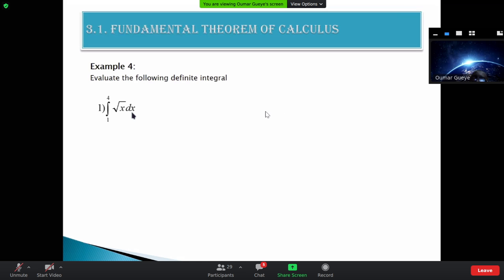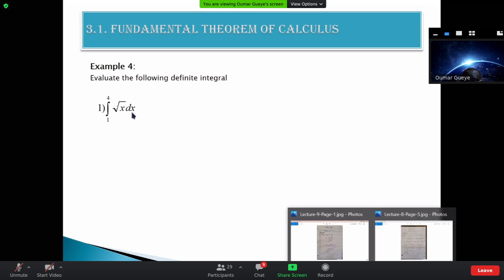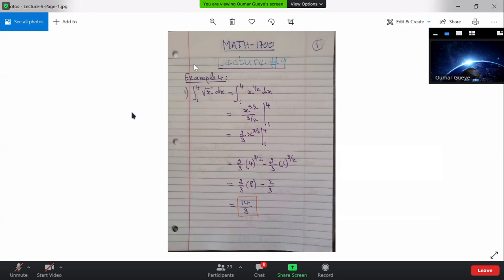So next we'll do some examples, and the first example is right here, the integral from 1 to 4 of root of x dx. All right, so here is our integral. We integrate root of x from 1 to 4.